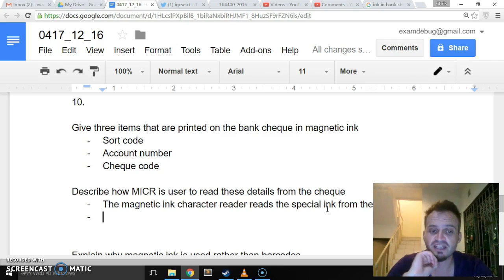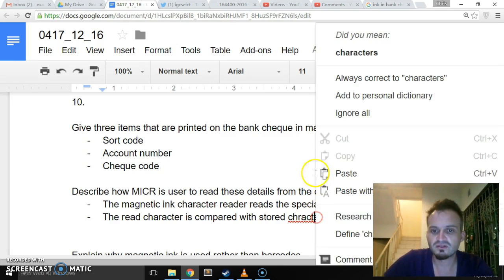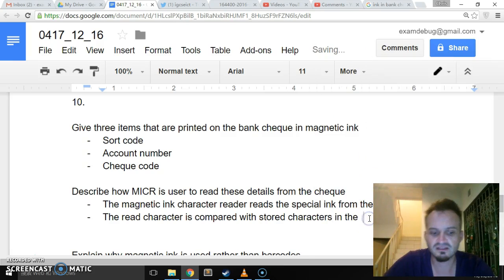So it reads from the check, and then the character, say the read character, is compared with stored characters in the system in order to identify it.